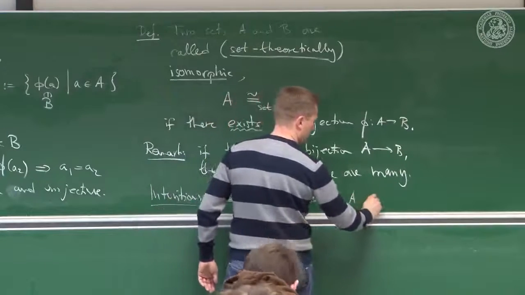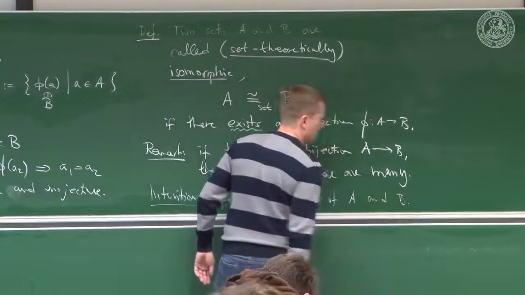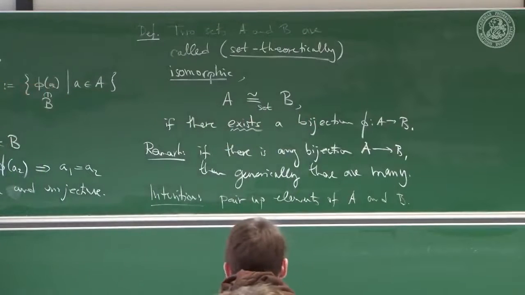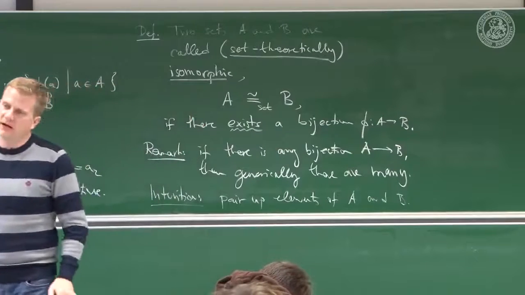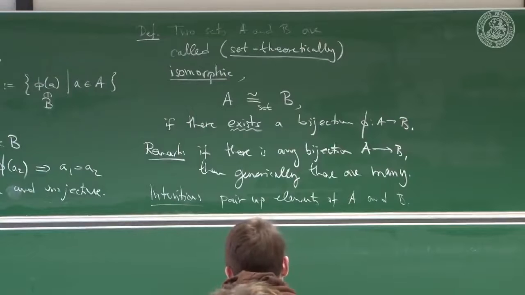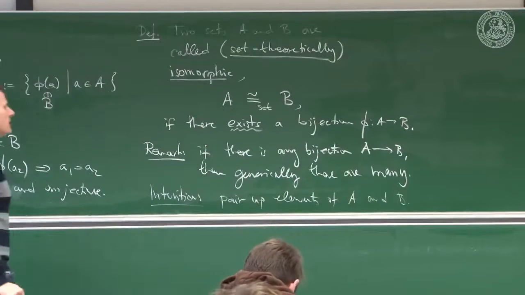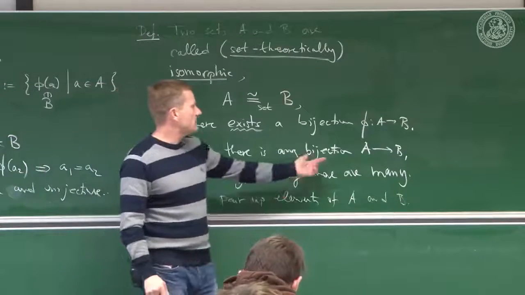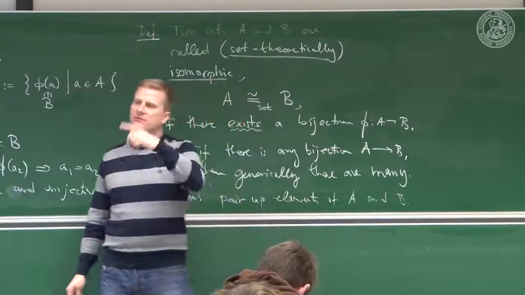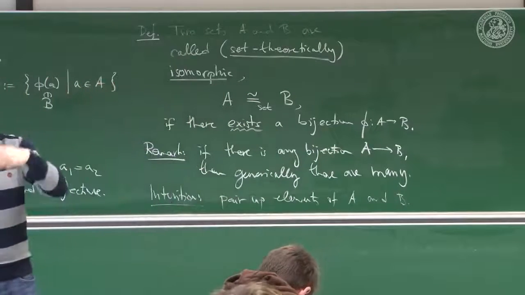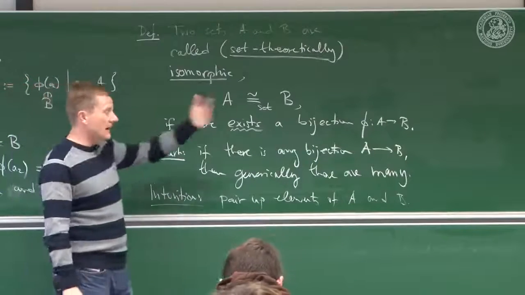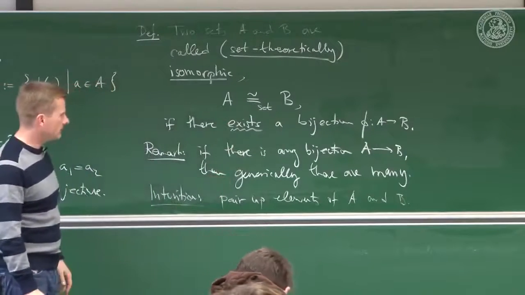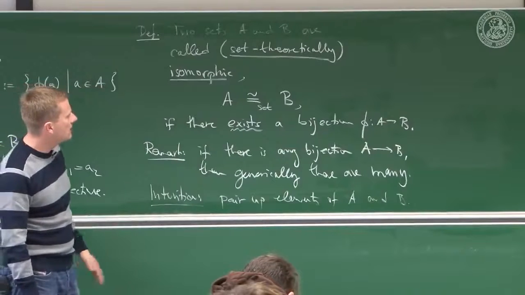So if you have two classrooms, one with boys and one with girls, you can ask, are they isomorphic? All you got to do is pair up the boys with the girls in pairs. And if there's nobody left, then obviously you have a bijection, because to every boy you find a girl. But you find exactly one girl, so it's injective and surjective, and every girl gets assigned to a boy.